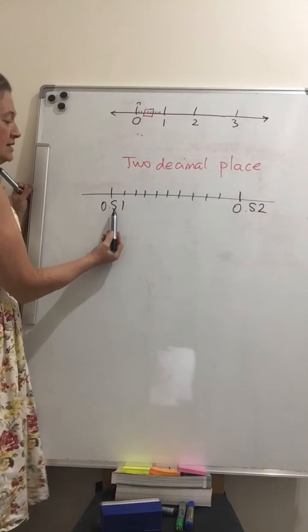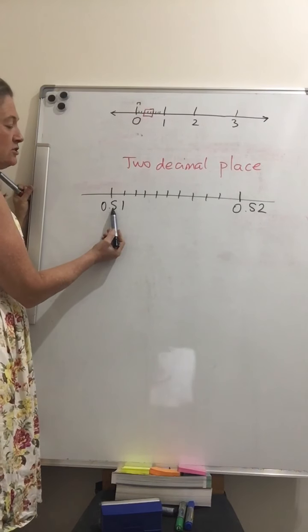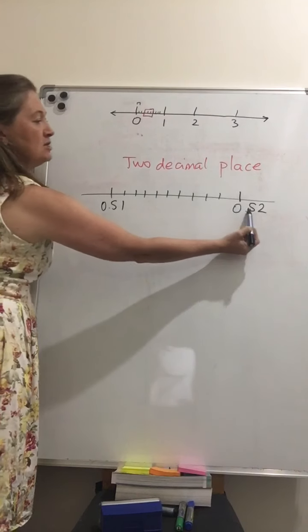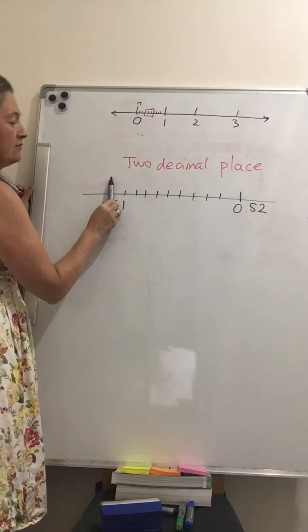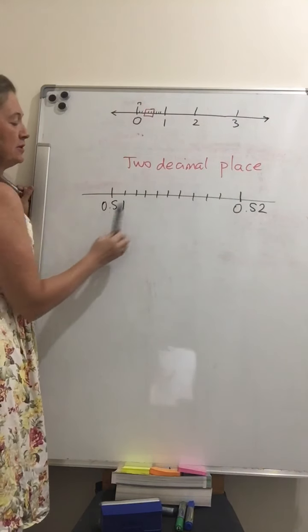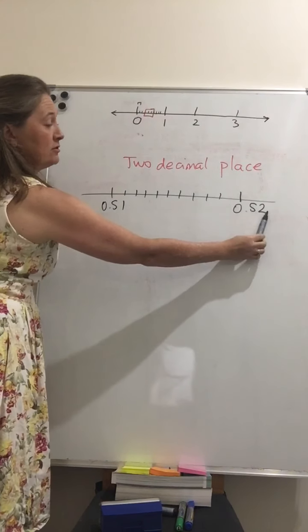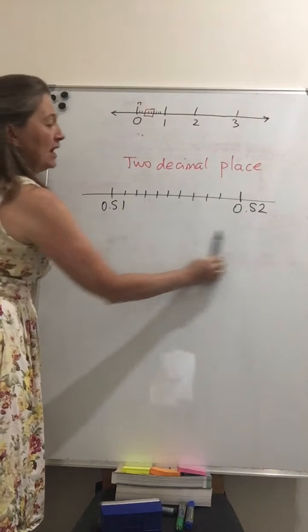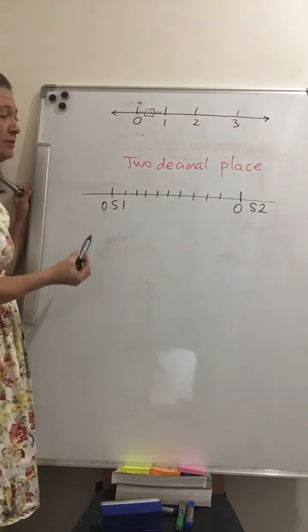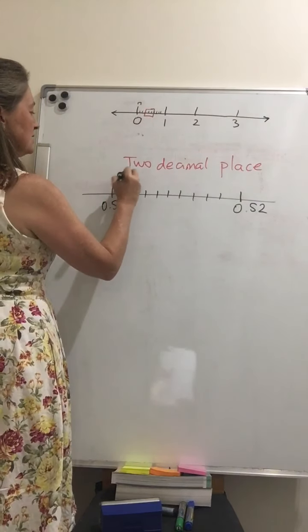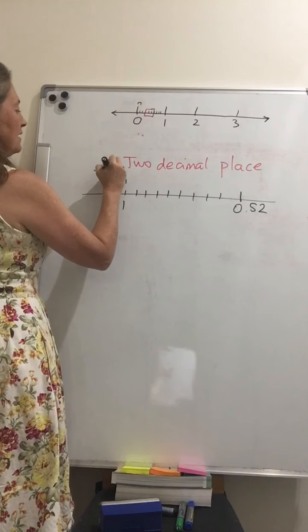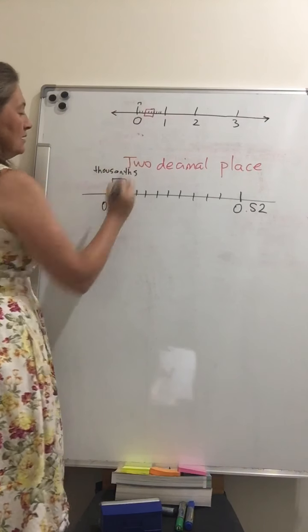So this is tens and hundreds, and this is to 2 decimal places, and I've got 10 pieces in between. Now if they're 51 hundredths, 52 hundredths, and if I split up this hundredth into 10 smaller pieces, then each of these pieces is going to be thousandths, like that.